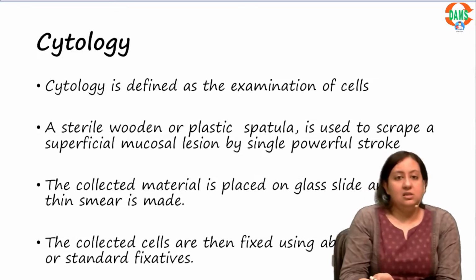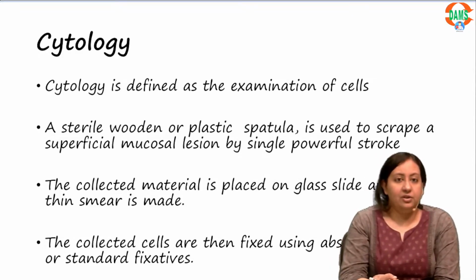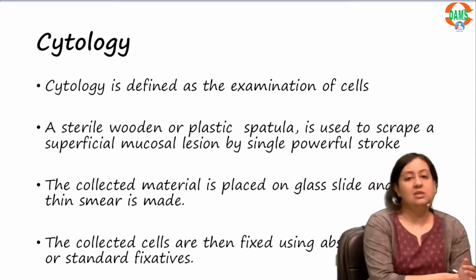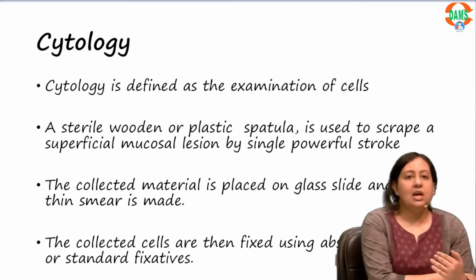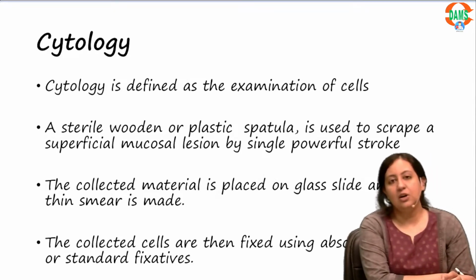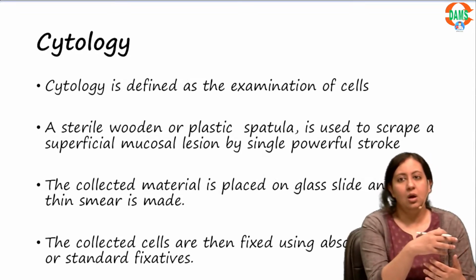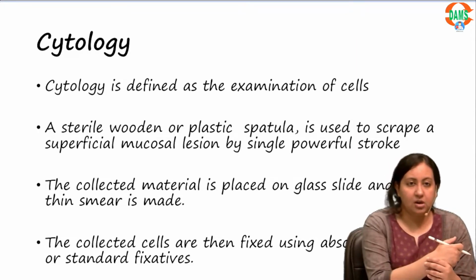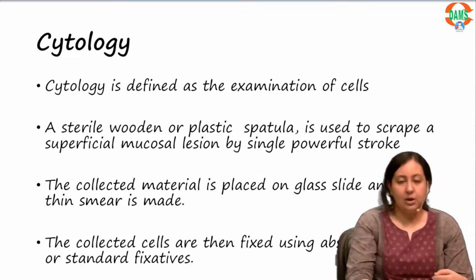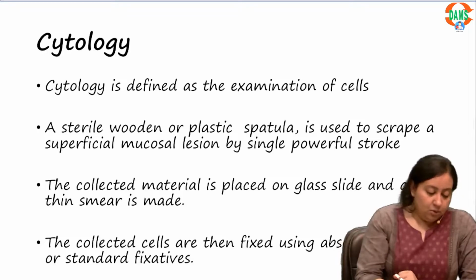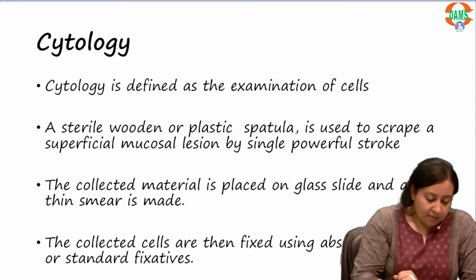Now the next thing that we have is cytology. Biopsy part is over. Cytology generally falls under the pathology perspective, but there are certain things in cytology that we need to know with regards to the oral region. So we'll quickly go through cytology. Cytology is defined as examination of cells.